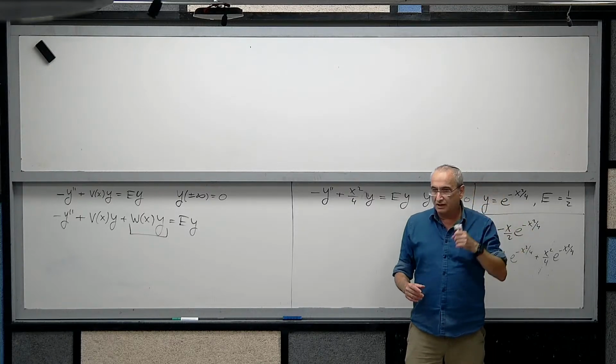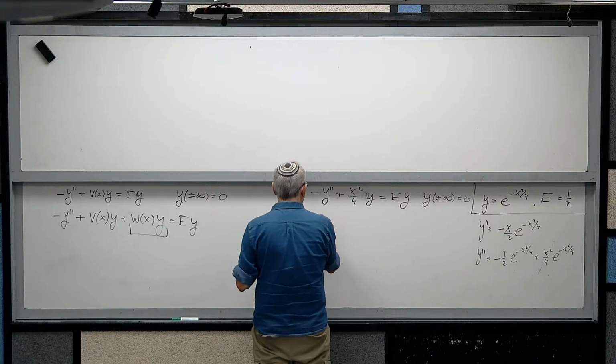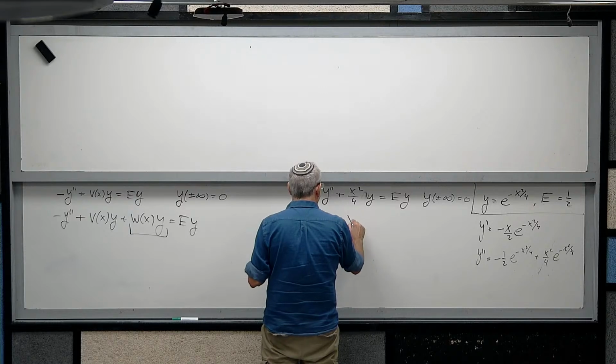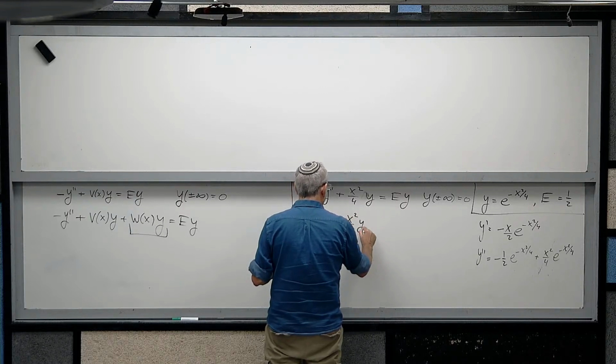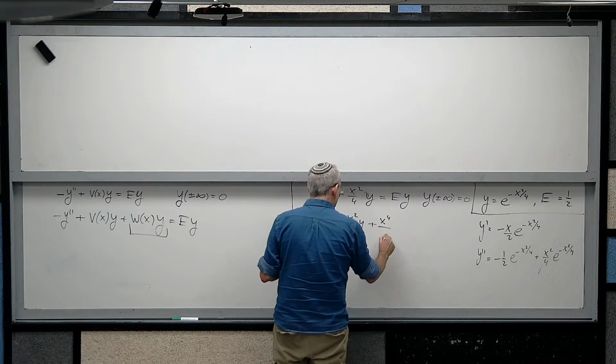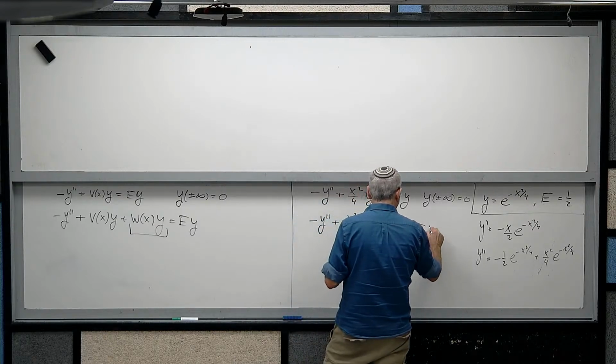Okay, now the question is how to solve the anharmonic. So let's write now a new equation: minus psi double prime plus x squared over 4 psi plus x to the fourth power over 4 psi equals e psi.